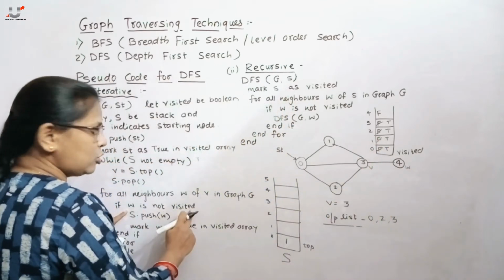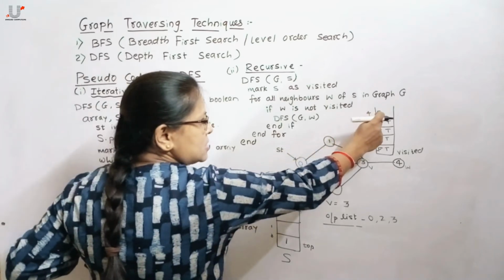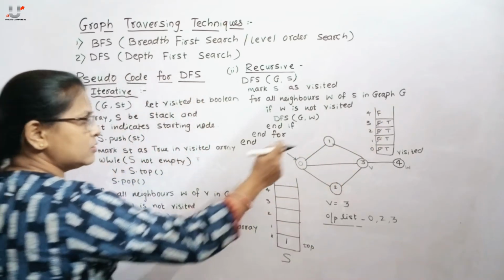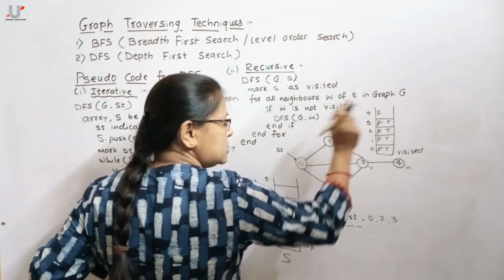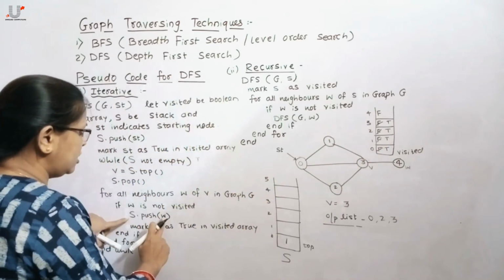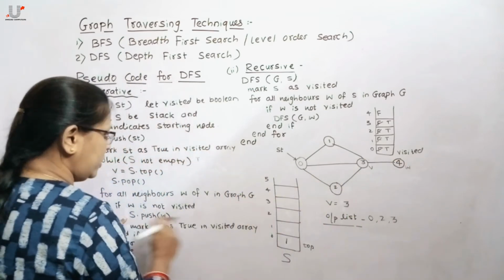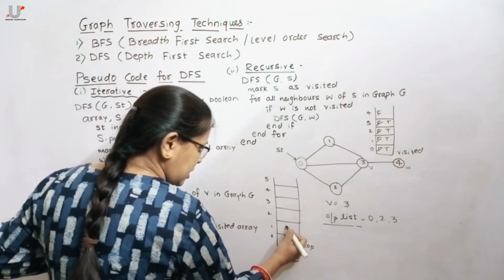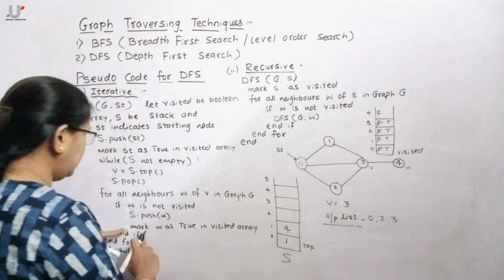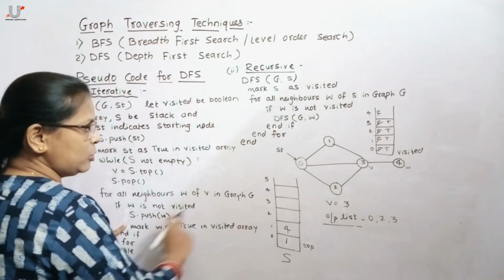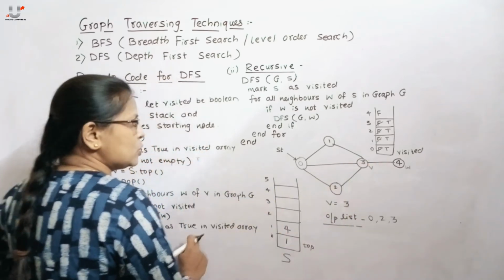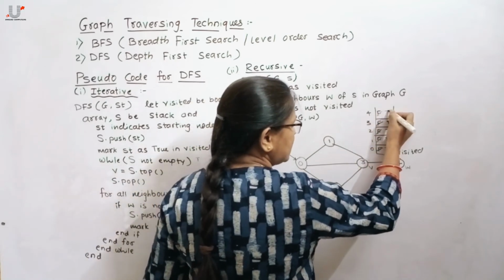That 4 is still not visited because the status of this 4 is false. So push that w, meaning 4, into the stack. Then mark that w, meaning 4, as true in the visited array. Marked it as true.